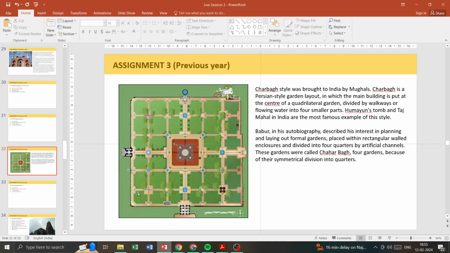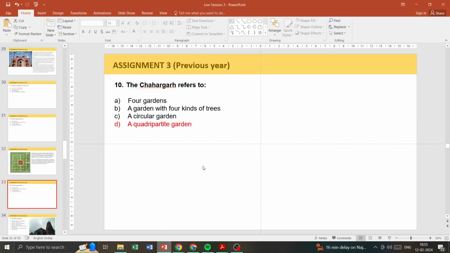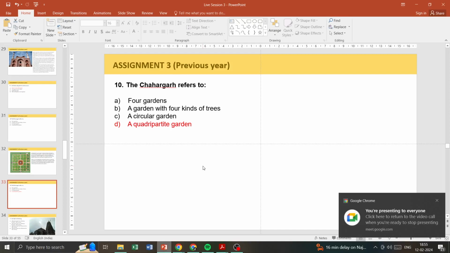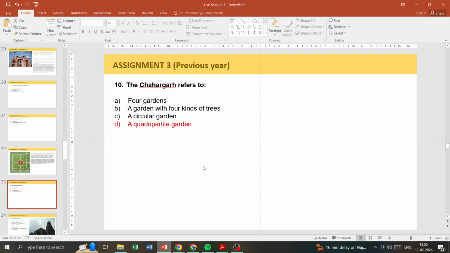So our answer is it's a quadripartite garden, which in English means consisting of four parts. So the Chehar Bagh refers to a quadripartite garden.